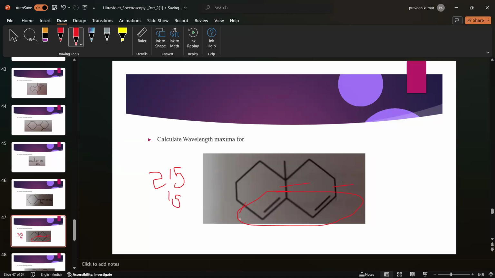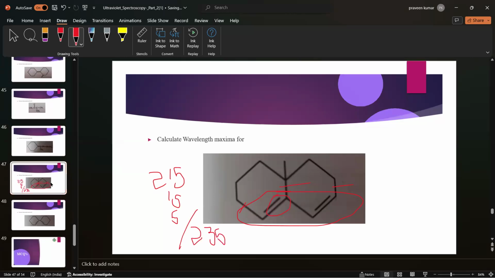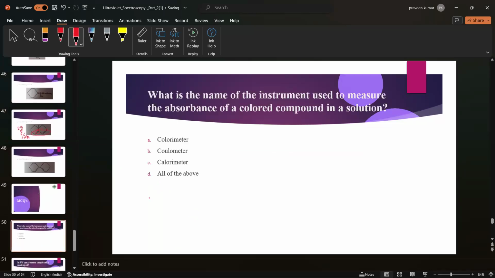And is there any exocyclic double bond? Yes, this system has an exocyclic double bond, so plus 5. So it would be 235. This is simple, guys. That's it. This PPT will be shared with you.